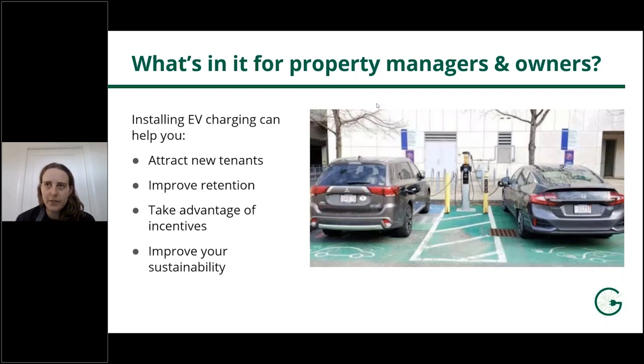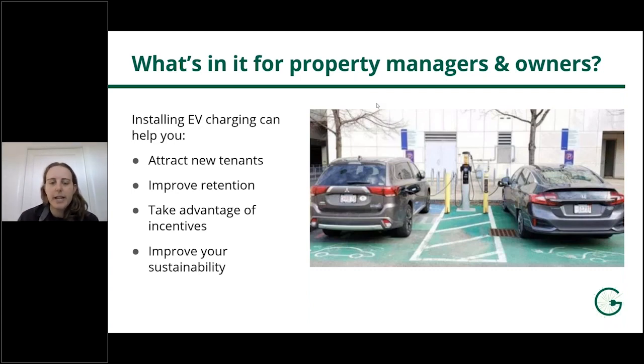There are incentives, or have been incentives and will be incentives, to help landlords and condo owners actually make that investment. And just in general, offering EV charging is basically an amenity and also something that signals to people that you care about sustainability the same way that a garden might, or any other shared amenity in a space like an apartment or condo.